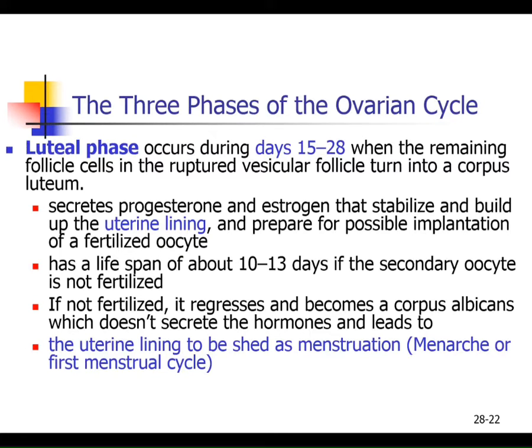Now, the corpus luteum, to which this refers, is that bubble wrap around the cells, and it starts to make hormones. The number one hormone that it's going to produce is progesterone. I just want you to write somewhere on this slide, and we'll see it in a picture in a moment, that the corpus luteum is going to make progesterone.